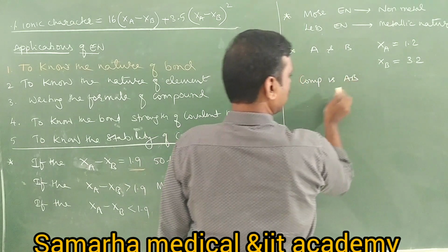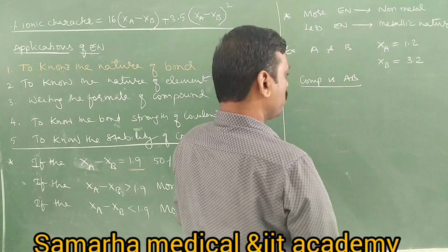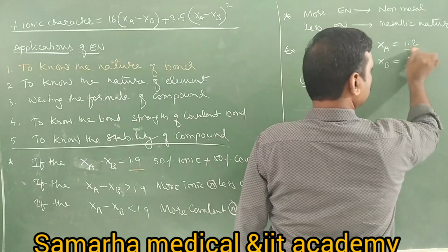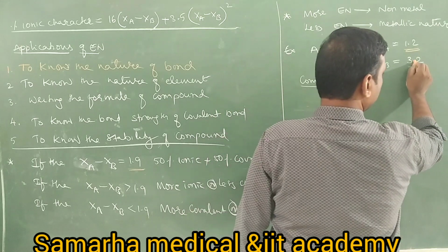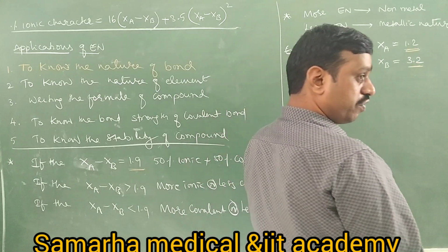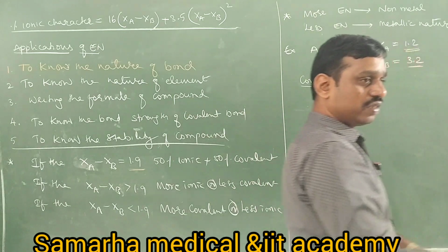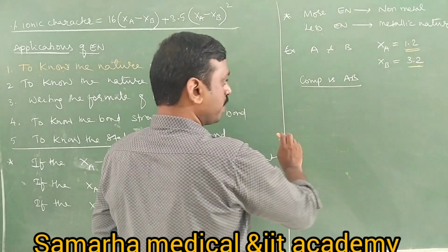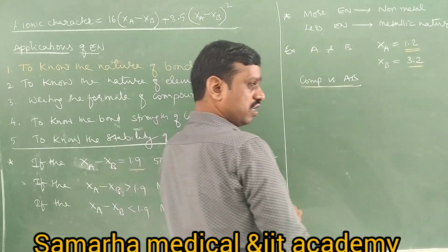If the compound AB is formed, A should be metal because of less electronegativity, and B should be non-metal because it is 3.2, more. In that way you can identify, but we cannot say that this much value is metal and that much value is non-metal. It is only a comparison, so comparatively we can identify which is metal and which is non-metal.